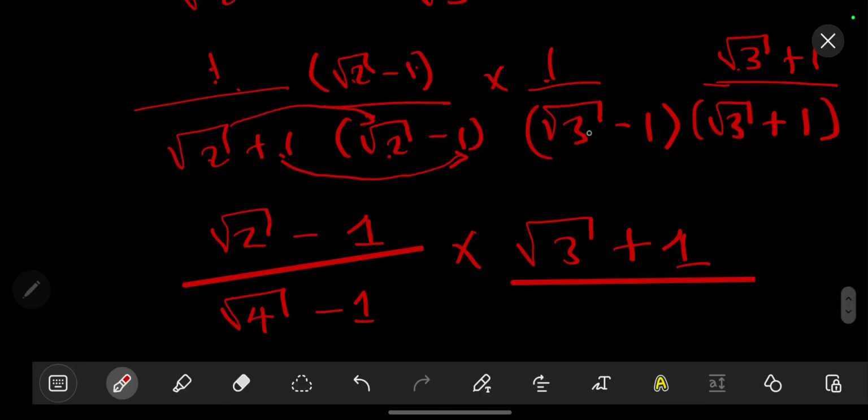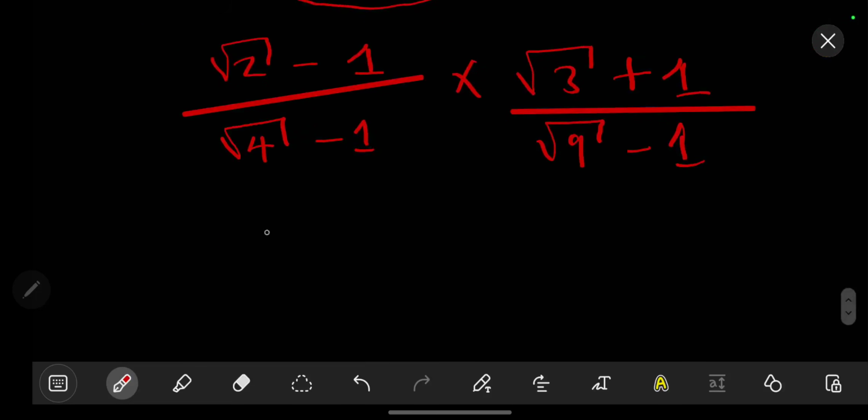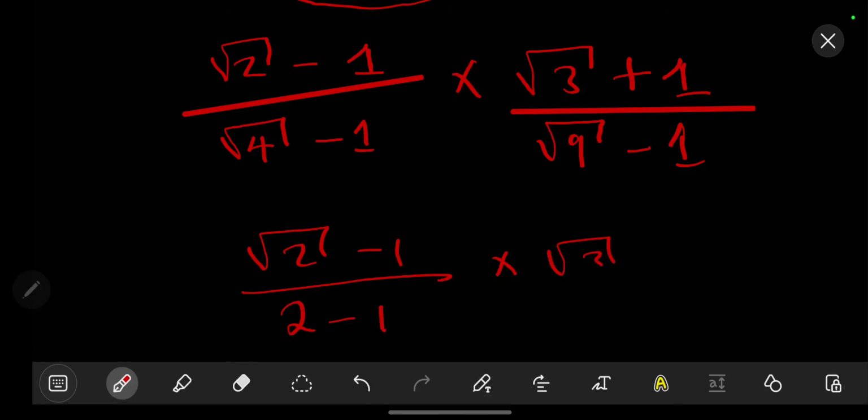over, we are going to have the root of 3, first number with first number as long as it's a conjugate. So we are going to have the root of 9. 3 times 3 is 9. Negative by positive, it's negative. 1 by 1 is 1. So what we are going to have is the root of 2 minus 1 over the root of 4 is 2, then minus 1 times the root of 3 plus 1 over the root of 9 is 3 minus 1.